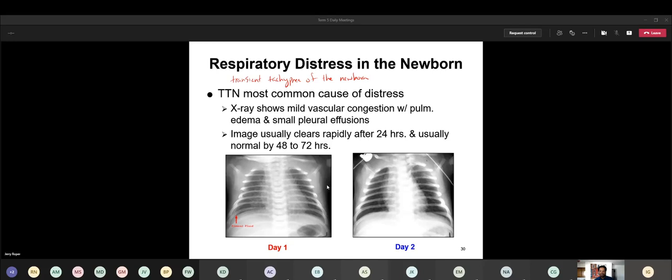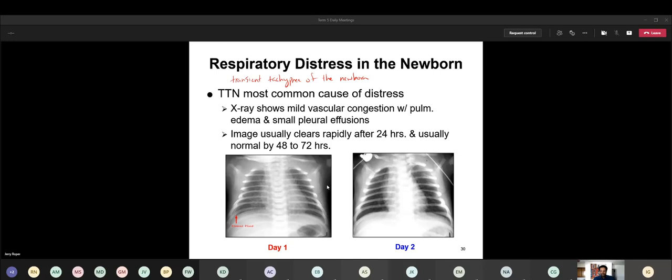And transient tachypnea is saying that your baby is having a lot of tachypnea right now, but then maybe the next day it's gone and they're doing a whole lot better. It's almost like magic: you're breathing almost 80 times a minute, or probably even more today, and then tomorrow you're breathing normally, maybe about 40 times a minute.